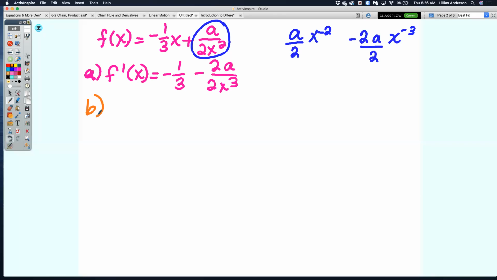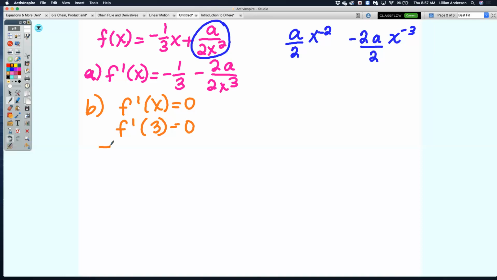You can set it to 0. The f prime of x is equal to 0. Because when the derivative is equal to 0, that means you either have a local min or a local max. That's what we talked about the other day. And more specifically, since it says that we have a local maximum at x equals 3, that means that when I plug 3 into the first derivative, it should equal 0.